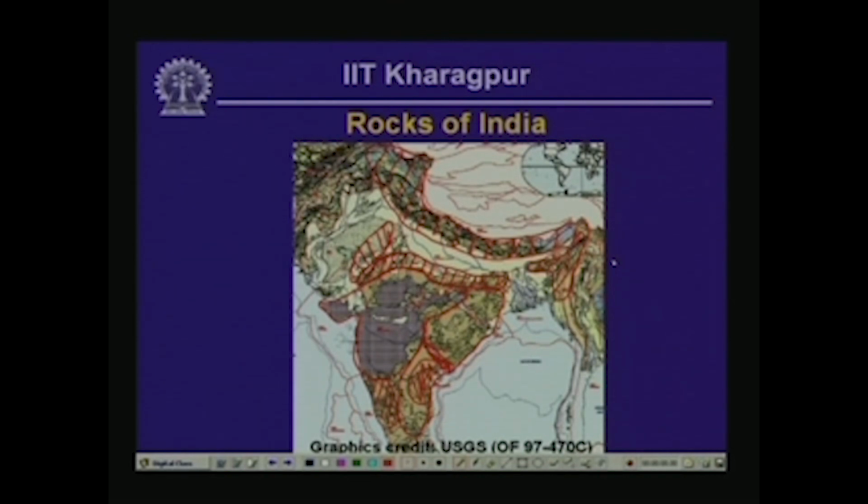Conglomerates are found mainly in the southern fringes of the Himalayas, and also you could find limestone and dolomites. And in the eastern Himalayas, sandstone, conglomerate and shales are the major types of rocks that are found.